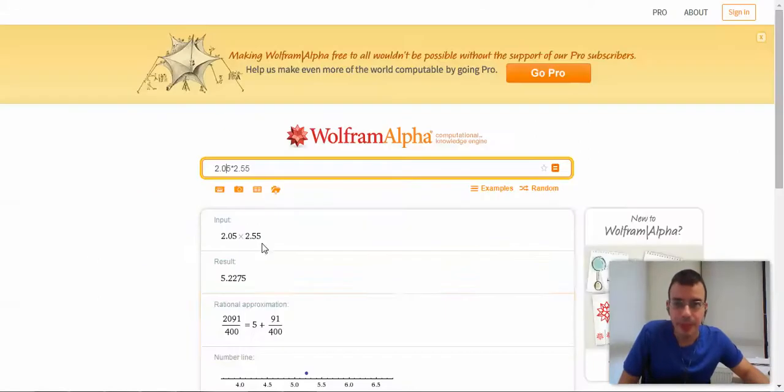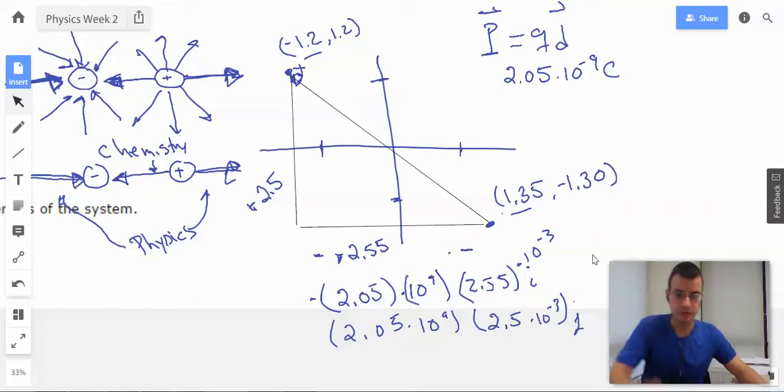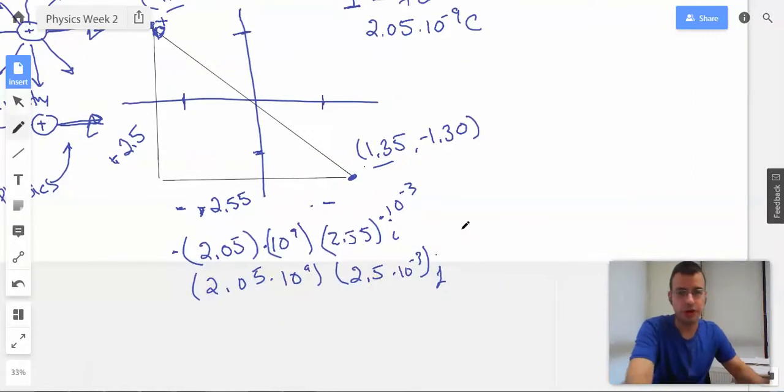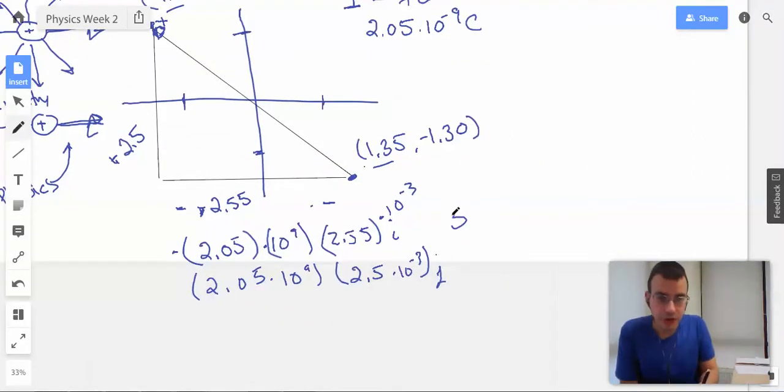Yep. And we get 5.23. Scroll over right here, we got 5.23. Negative. And it's times 10, because we got negative 3 here, negative 9th here, times 10 to the negative 12th. I. Okay, got that one.